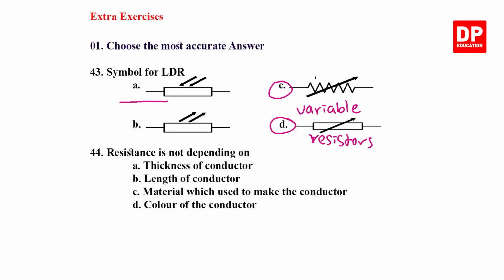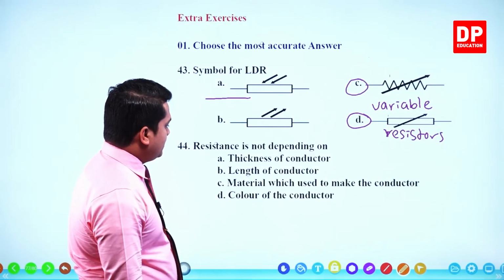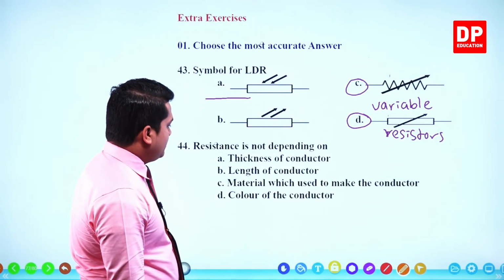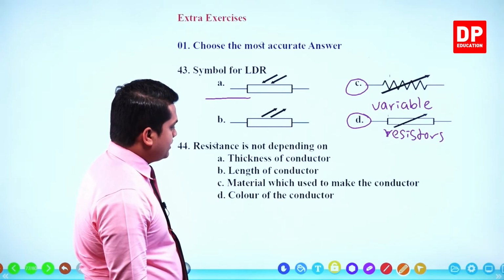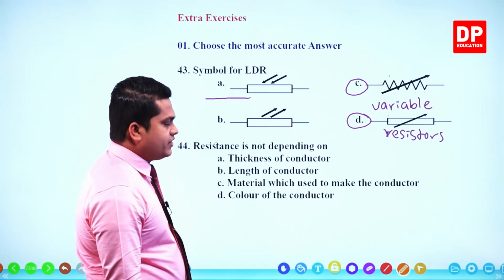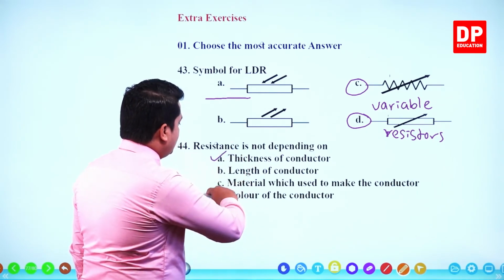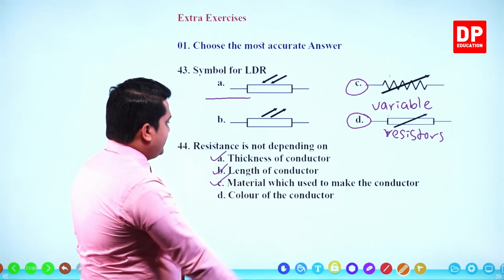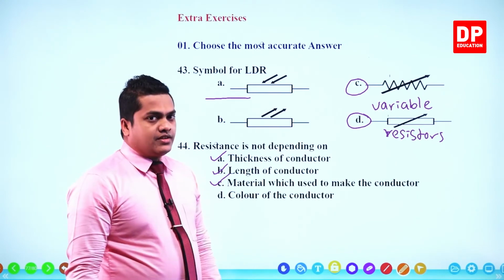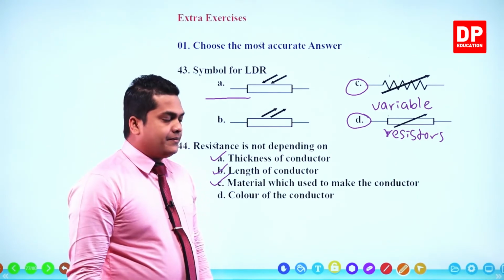Resistance is not depending on: thickness of the conductor, length of the conductor, material which is used to make the conductor, color of the conductor. All of these things are correct? No, we already studied about these things. Thickness, yes, it's going to depend. Thickness means the cross-sectional area.